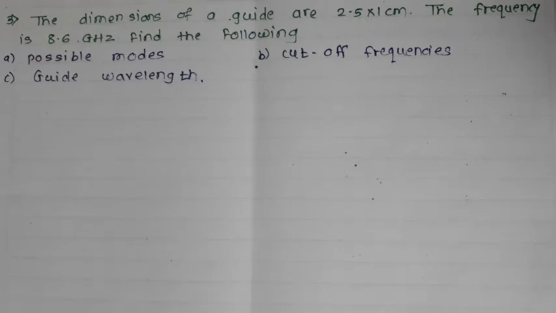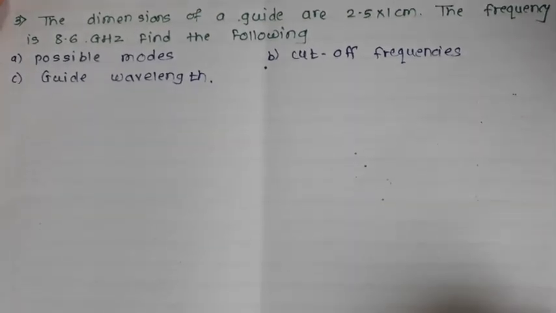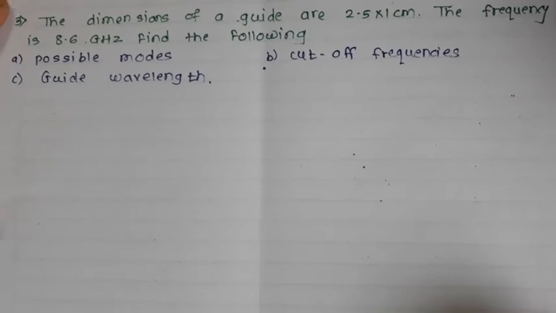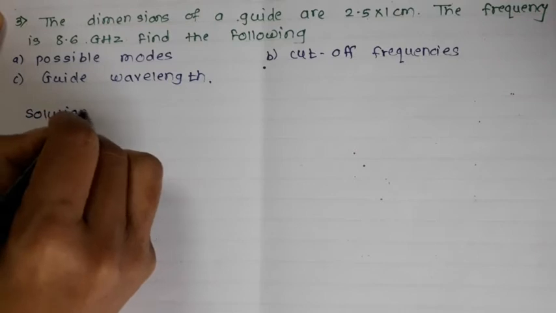So here we'll discuss this particular problem, but before starting the problem we'll see which things are given here. The first thing given is A, and the other thing is B. So let us start writing. Solution: when you start the solution you need to know what is given.